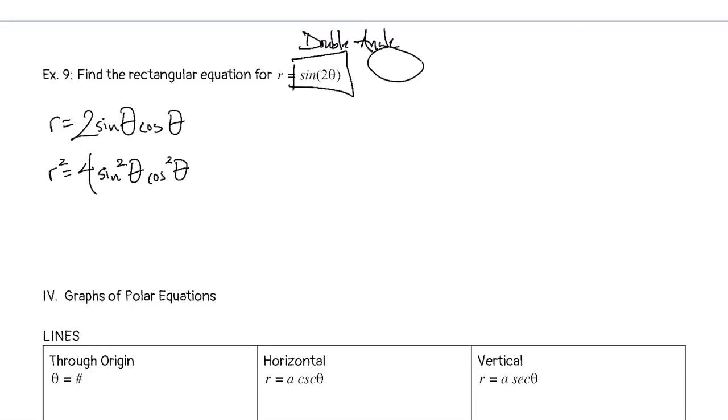Yeah, we need to get r's into x's and y's. We need thetas to go away also. Are there parts of this that we can match with any of those equations we saw before? You can just transfer the r to the square root of x squared plus y squared. But I wouldn't know how to get rid of the theta.